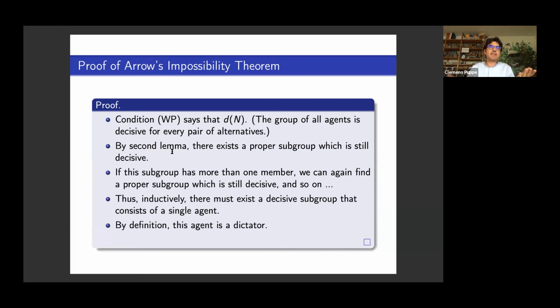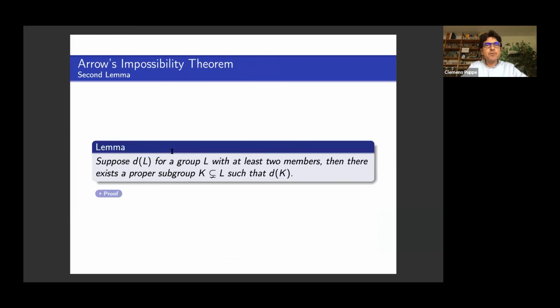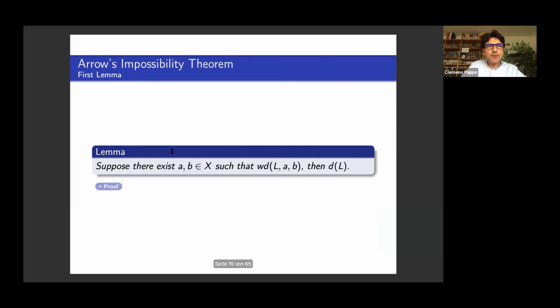And this is the dictator. So this is the logic of this proof. We have to prove the second lemma, and if we have proven the second lemma, then we are done. Unfortunately, for the second lemma, we need the first lemma. So let's first prove the first lemma.